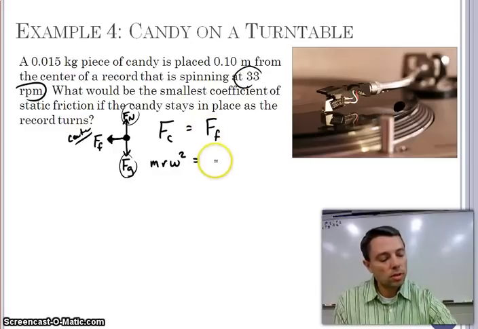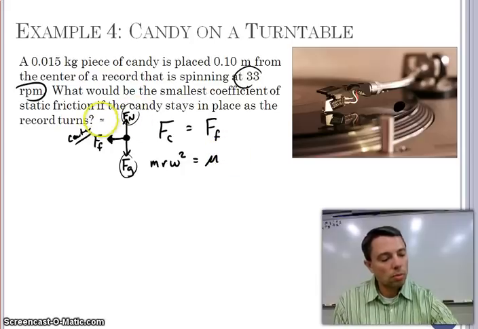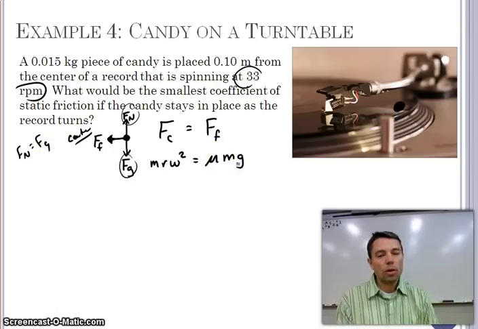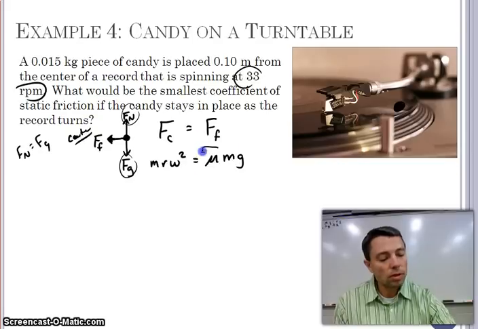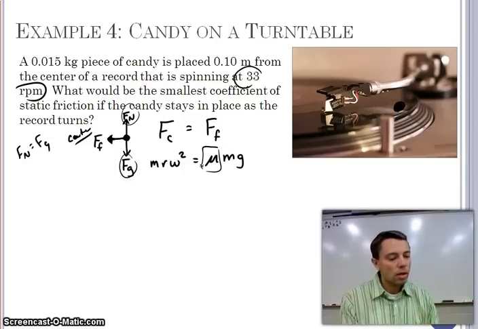My force of friction is going to be my coefficient of friction times a force normal. But remember, in this case, force normal equals force of weight. So I'll just make this mg. Now what am I looking for? I'm looking for the coefficient of friction that keeps everything in place. So in other words, it's the minimal amount of coefficient of friction that could make them stay put.